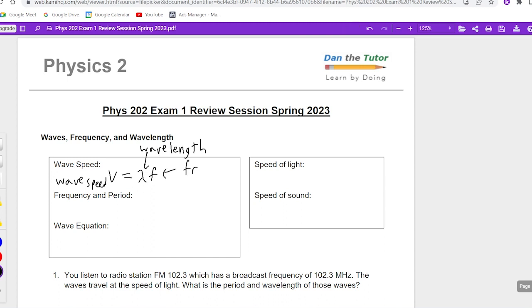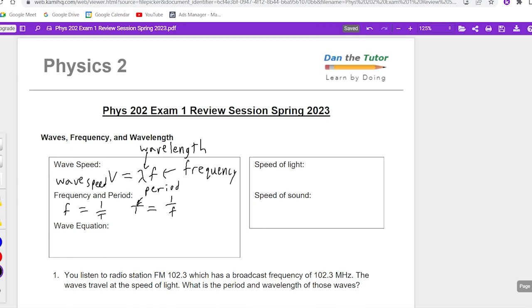And f is your frequency. Next equation, frequency and period. They are simply reciprocals of each other. So in other words, f equals 1 over T and T equals 1 over f, where T is our period. f is still frequency.